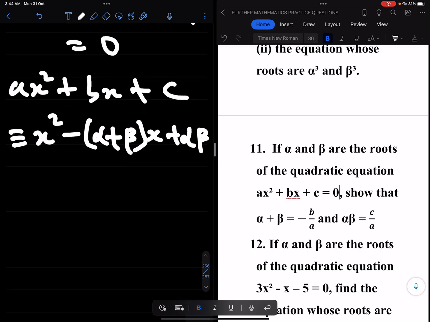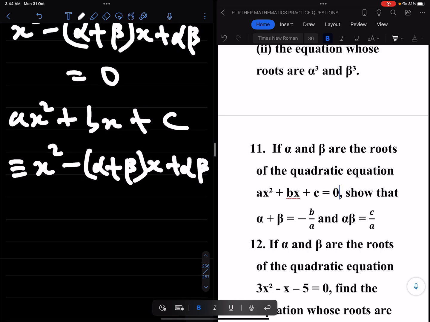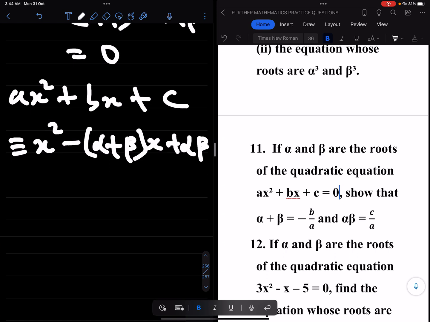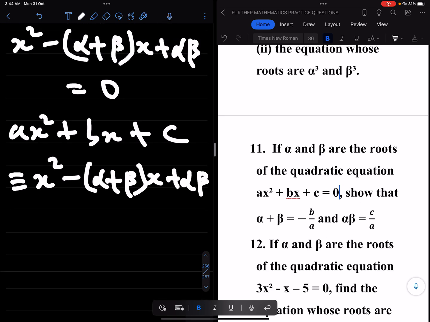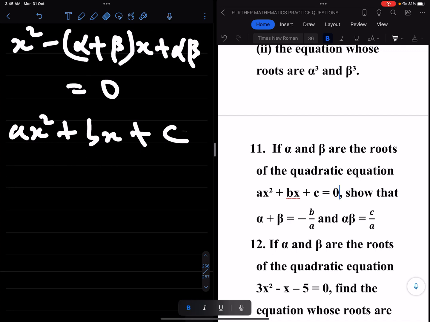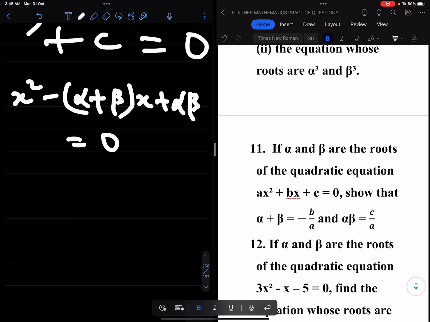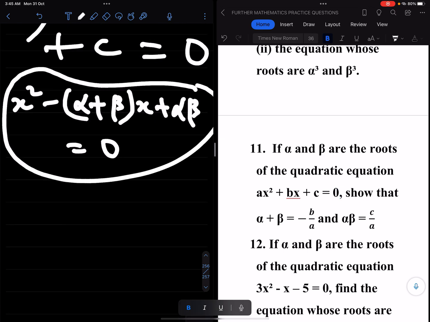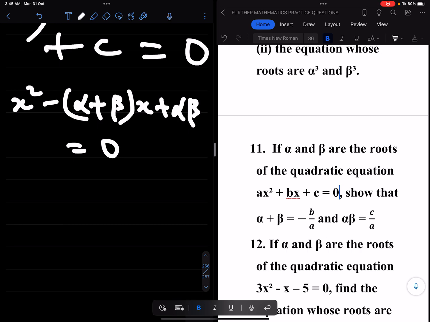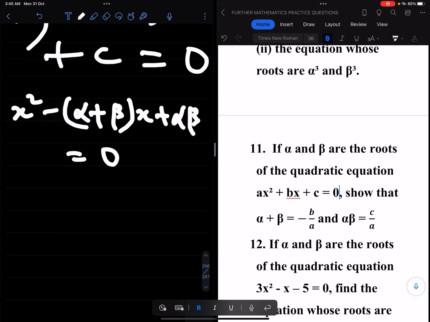Before I do the comparison, I think I should make sure that the coefficient of x squared in ax squared plus bx plus c is also 1, as in x squared minus (alpha plus beta)x plus alpha beta equals 0.